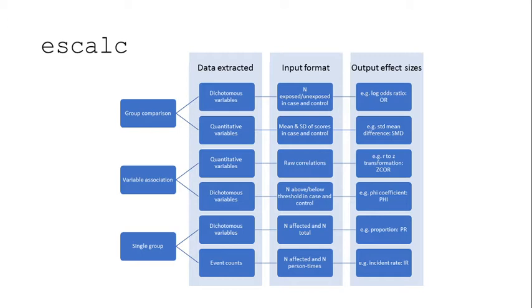If you're doing group comparisons, the data that you've actually extracted from the different studies might be in the form of dichotomous variables. So if you're comparing, like the example I used earlier of ADHD and ASD, rates in each, it might use dichotomous variables, or you might have quantitative variables involved as well.